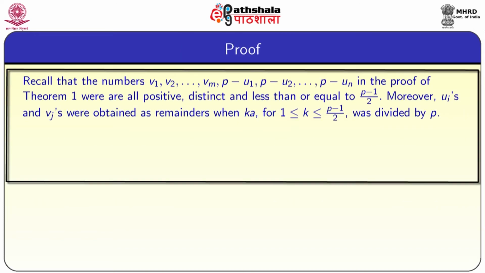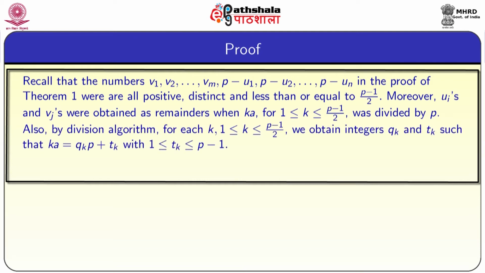So, recall the numbers v1, v2 and so on up to vm, p-u1, p-u2 and so on up to p-un. In the proof of Gauss lemma we showed that they are all positive, distinct and less than or equal to (p-1)/2. Moreover, we saw that the ui's and vj's are obtained as remainders when ka, for 1 less than or equal to k less than or equal to p-1, is divided by p.